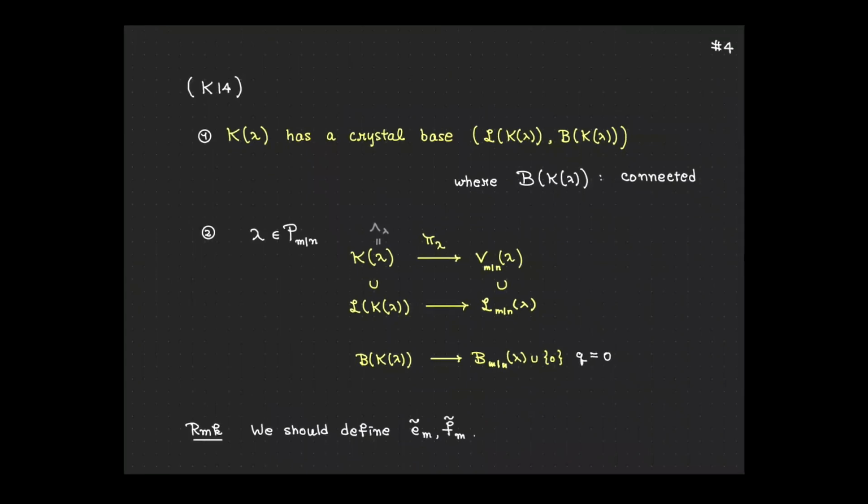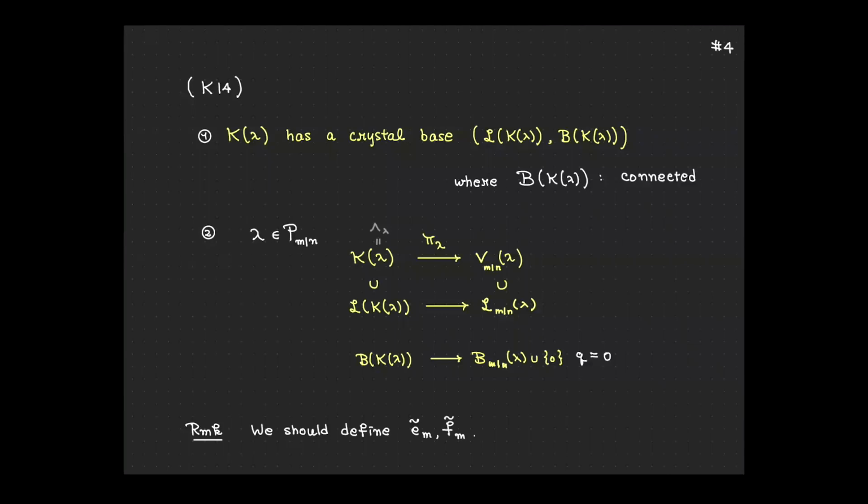In this lecture, the main goal is to explain the following theorem. First we can prove that this K of lambda has a crystal base, where the associated crystal, say B of K lambda, also has a connected graph structure.